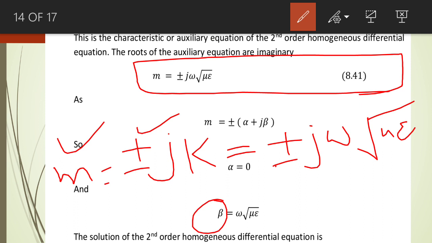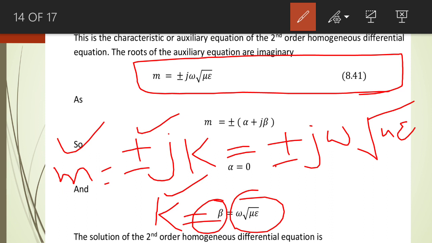So k, you need to consider k over here instead of beta, will be equal to omega under root mu epsilon. So this is the propagation constant, and this is how we calculate this propagation constant.